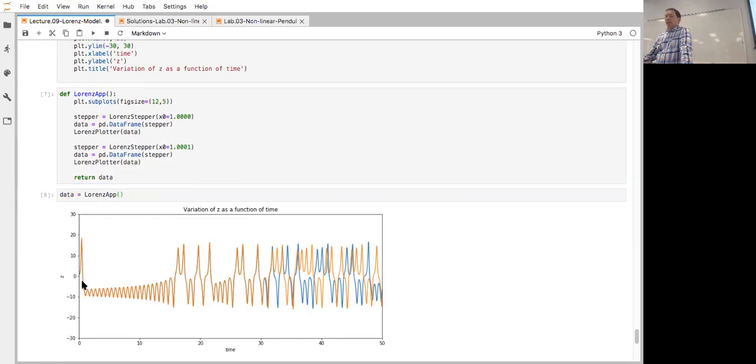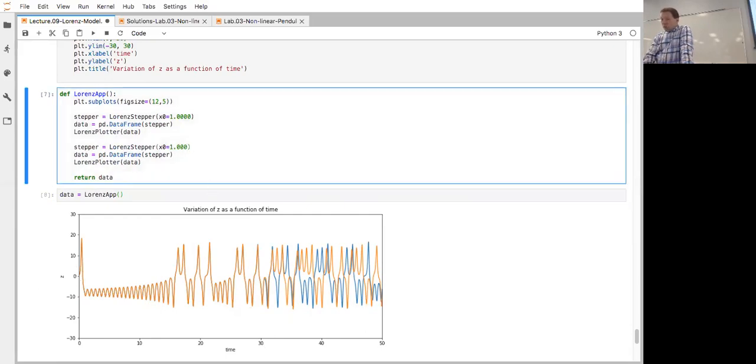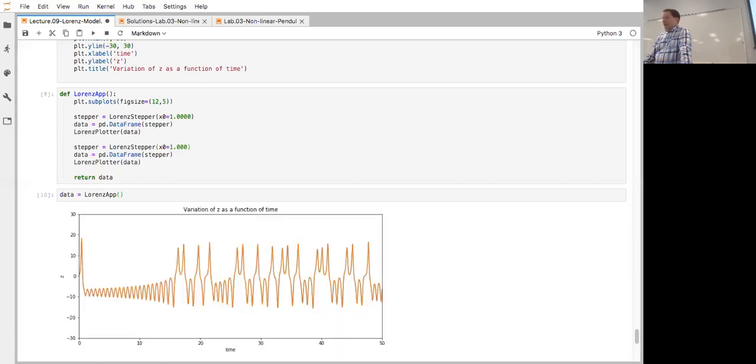You can see that at the beginning, the two solutions are completely overlapping. By about 30 seconds though, these two solutions, which looked like they were basically the same, are doing something completely different all the way through. This is an example of a chaotic system, sensitive dependence on initial conditions. If you make the equations exactly the same, then you get the same results.